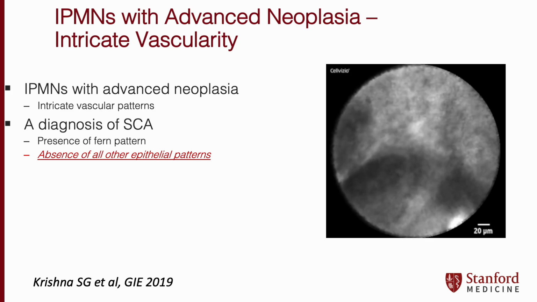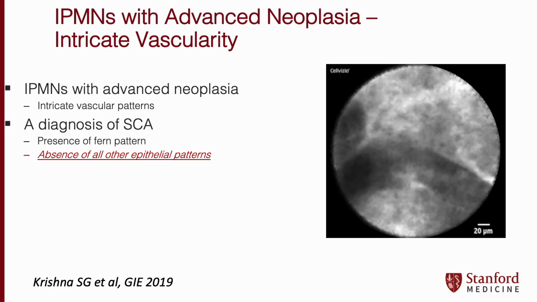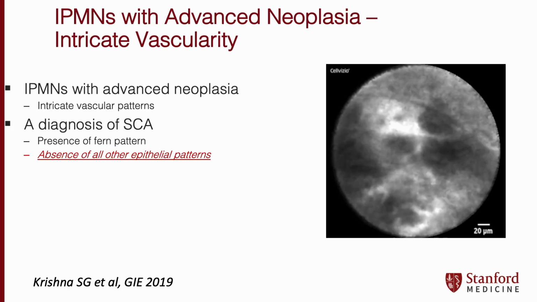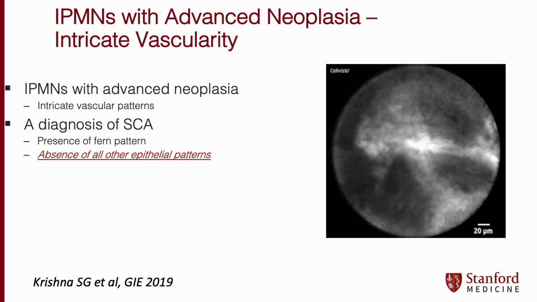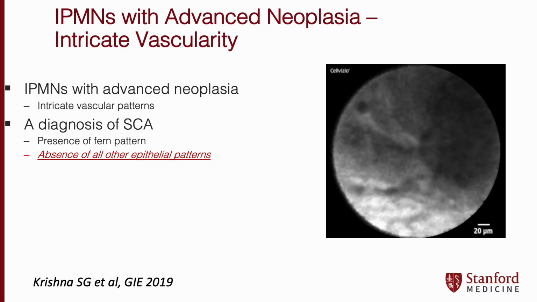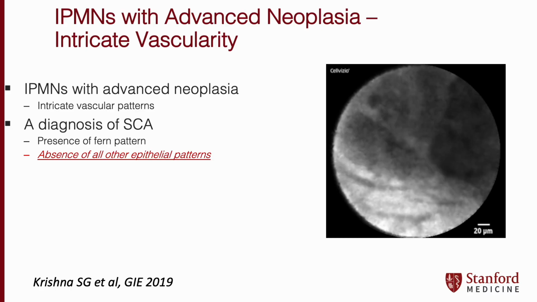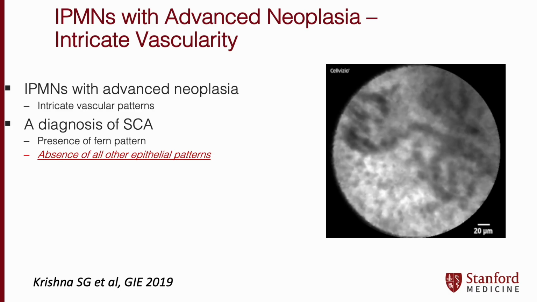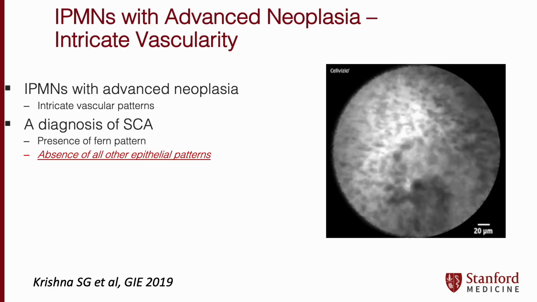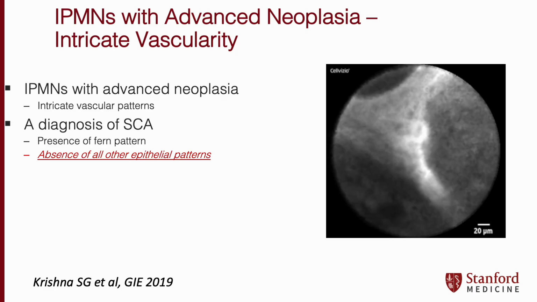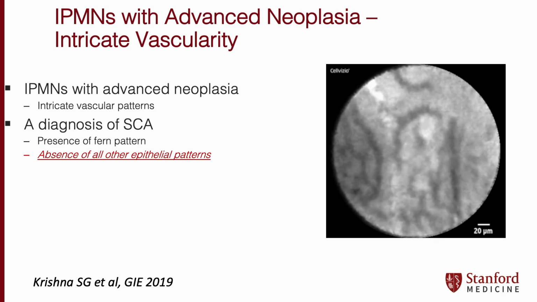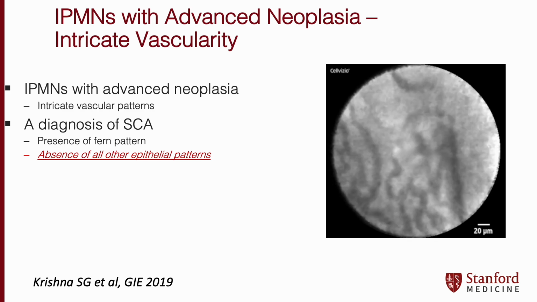As you see in this case, this will show a very thick papilla, very dark, thick, related to the fact that the nucleus is large and you have pseudostratification in case of high-grade dysplasia. And at the end of this video, you see a very complex vessel, suggesting that this could be a serous adenoma, but in the presence of epithelial cells, this is not a serous adenoma, this is an IPMN.